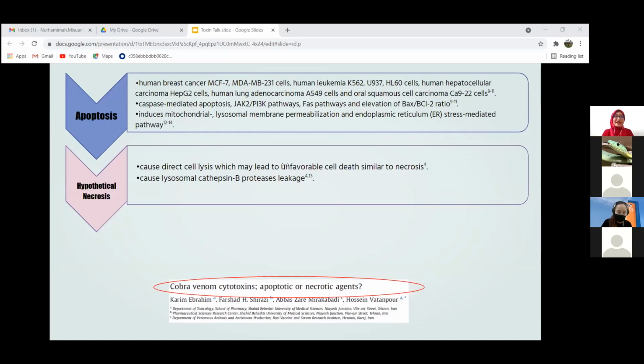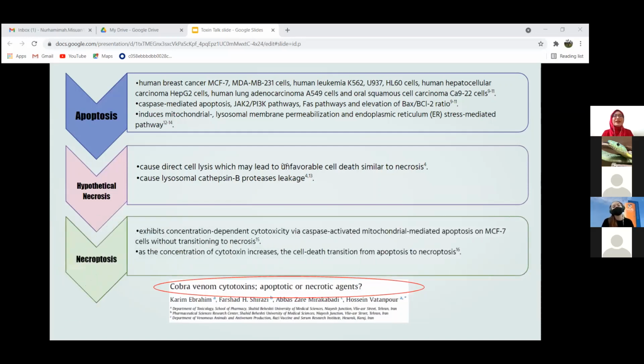On the other hand, a study by Teo and Yap, however, revealed that cytotoxin exhibits concentration-dependent cytotoxicity via caspase-activated mitochondrial mediated apoptosis on MCF cell 7 without transitioning to necrosis. This study by Teo and Yap contradicted the study by Fofanov and Wu above, where they stated that cytotoxin induced necrosis.